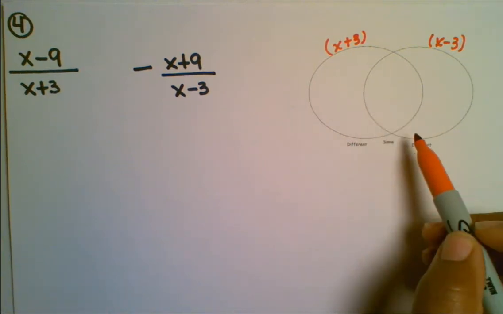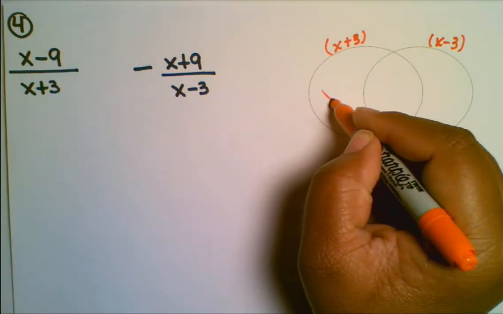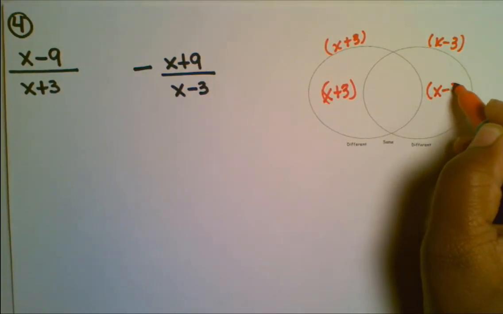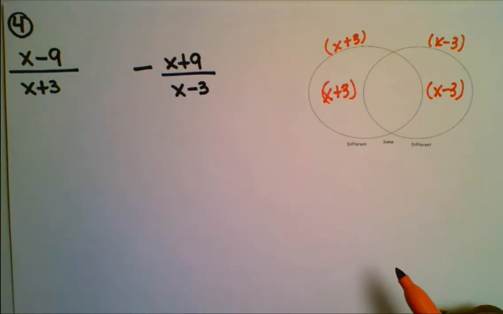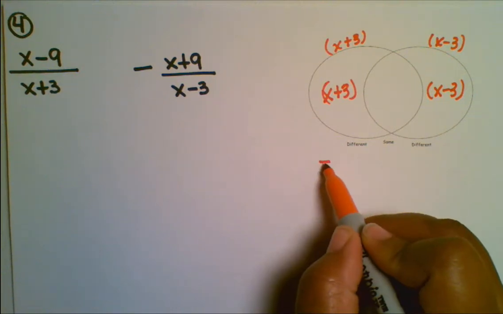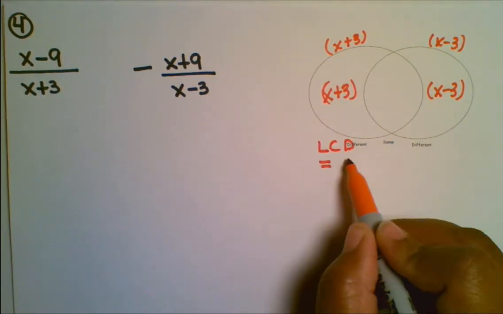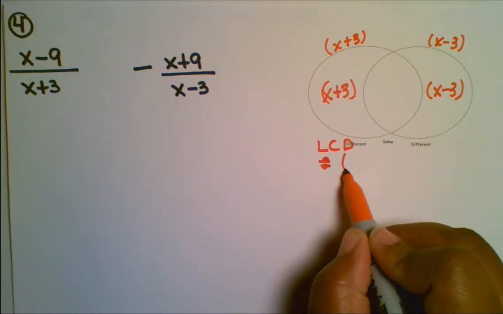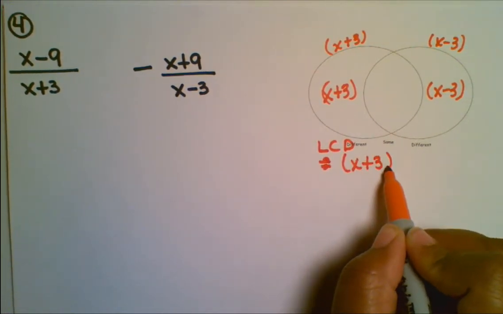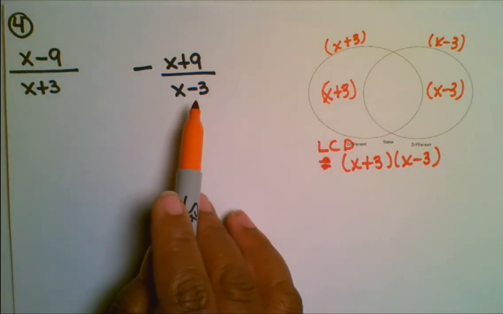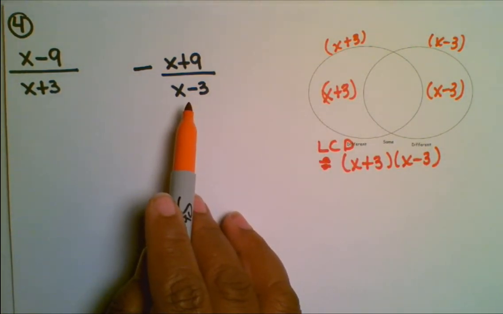Well, we don't have anything that's the same, so that will be different, x plus 3 and then x minus 3. We have no factors that are common. So our LCD is x plus 3 times x minus 3.